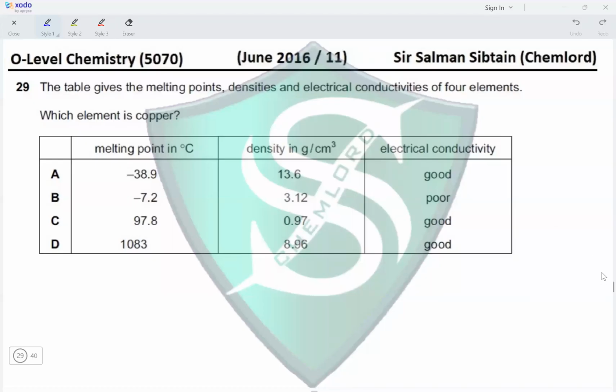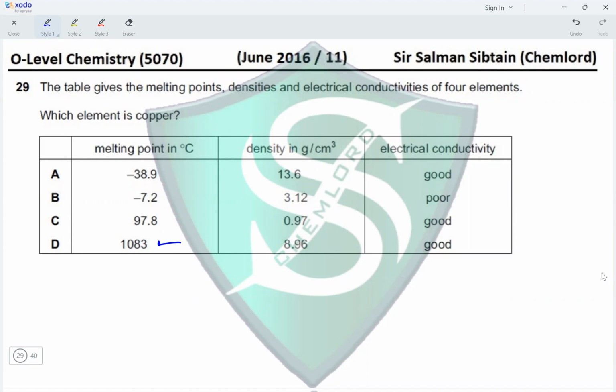Question 29. The table gives the melting points, densities, and electrical conductivities of four elements. Which element is copper? Now, copper is a transition element, so its melting point would be really high. The high melting point here is 1083. All the others are relatively low melting points. So, this should be the answer. But let's verify the other properties as well.